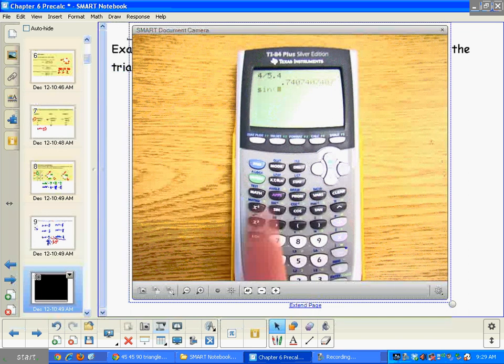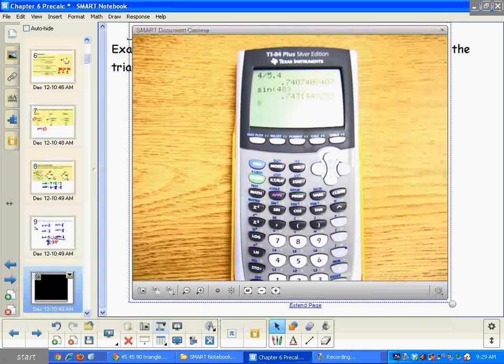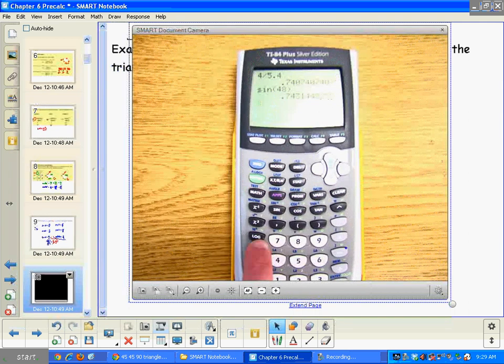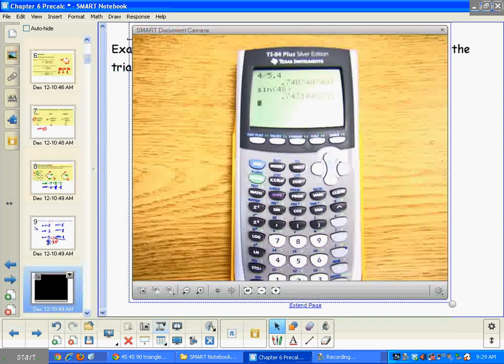Now if I take the sine of 48, I get approximately 0.742. Now they're not exact because I did have to round here. I rounded on each one of these, but there may have been some rounding involved with those side lengths as well, is what it looks like.